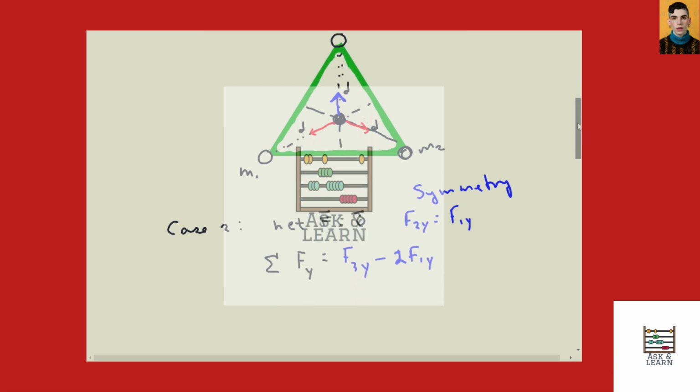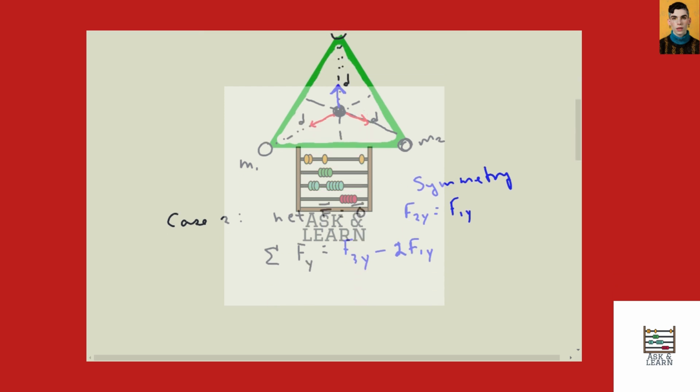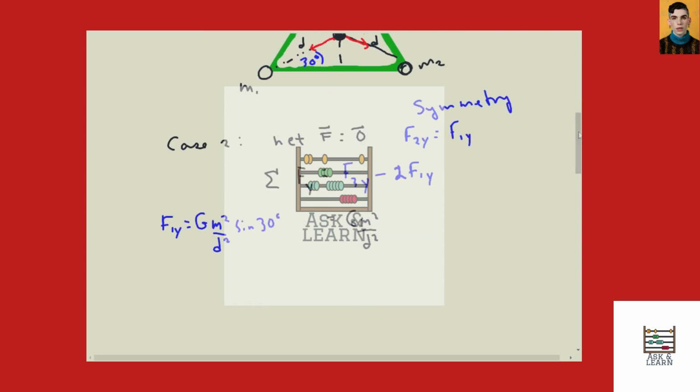And let's see, F3y is just equal to G m squared over d squared. And F1y is equal to G m squared over d squared times the sine of 30 degrees, and the sine of 30 degrees, of course, is 1/2.